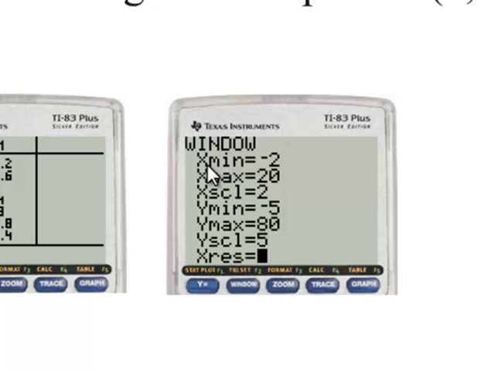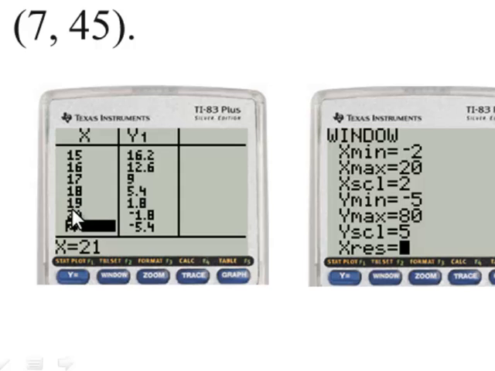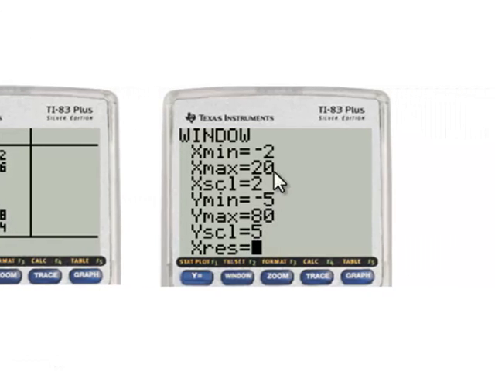My x-min is negative 2 because I want to see the y-axis, and it's going up to 20 because at 20 we are in negative numbers, and I'm counting by 2. For the y-min, again, I want to see the x-axis, so I'm going to pick a number a little bit less than 0, and I want the max to be larger than my y-intercept.